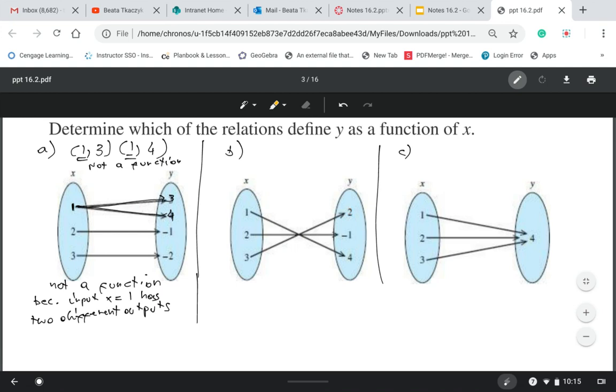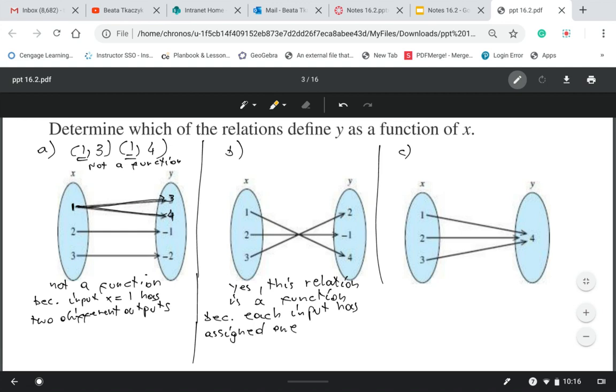So this relation represents a function, because each input has assigned one output.